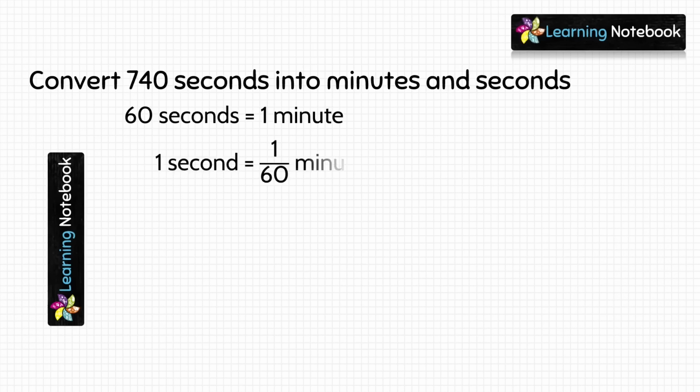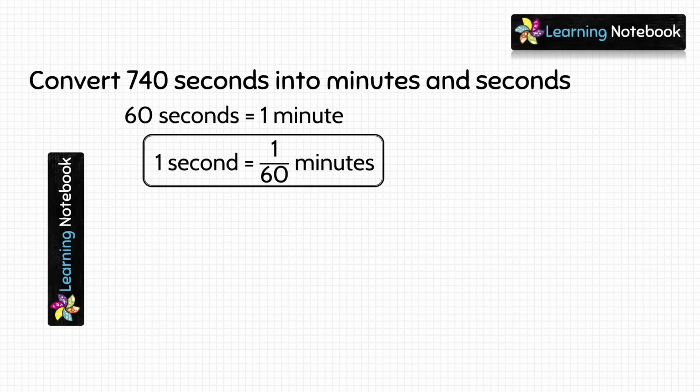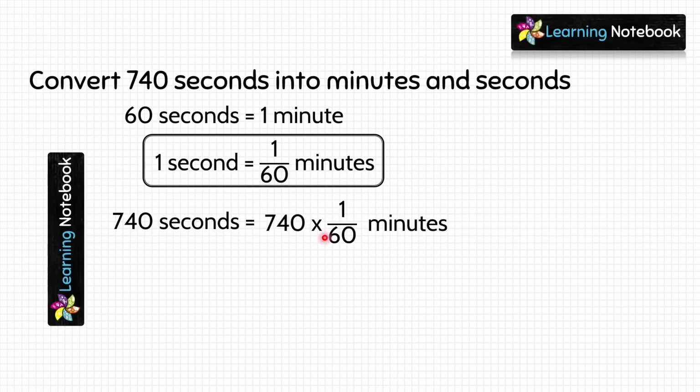So 1 second equals 1 by 60 minutes. Therefore, 740 seconds would be equal to 740 multiplied by 1 by 60 minutes, which equals 740 divided by 60. So let's divide them.